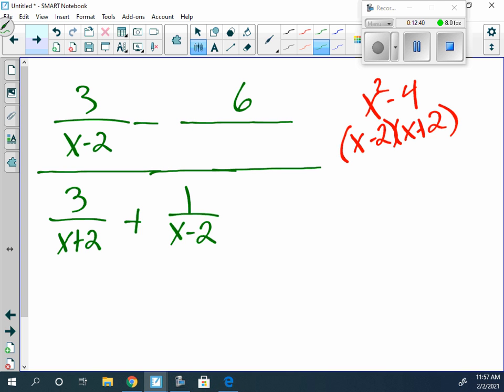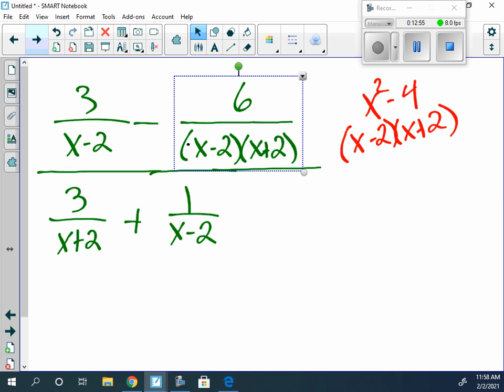So this is 6. Now, I'm just going to rewrite it as this here, as x minus 2 and x plus 2. Okay.